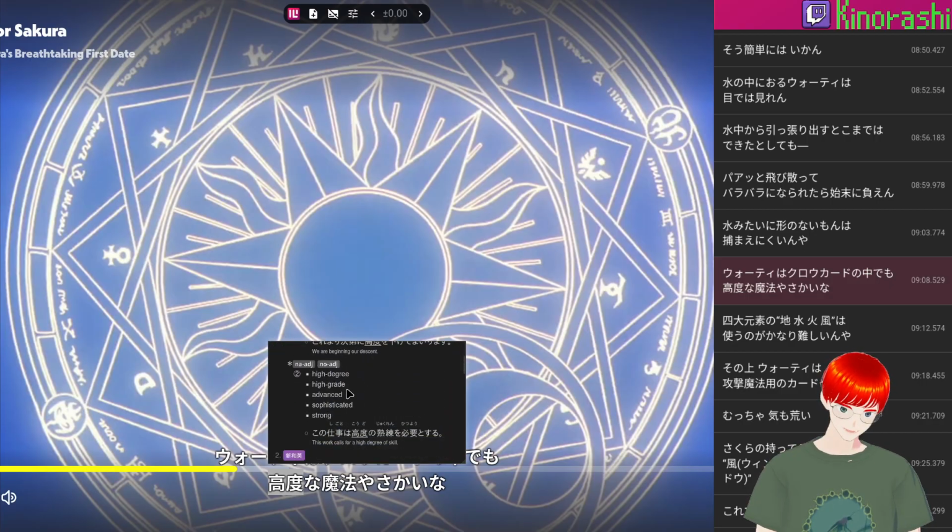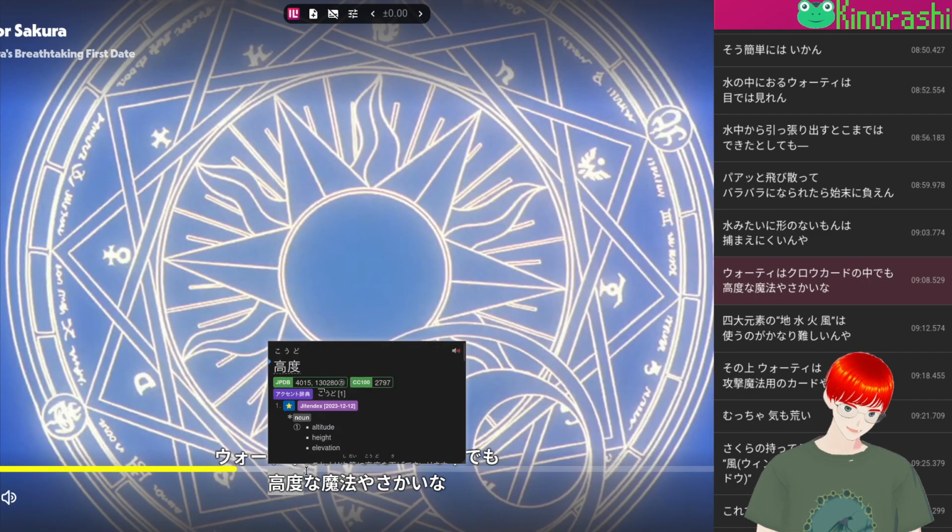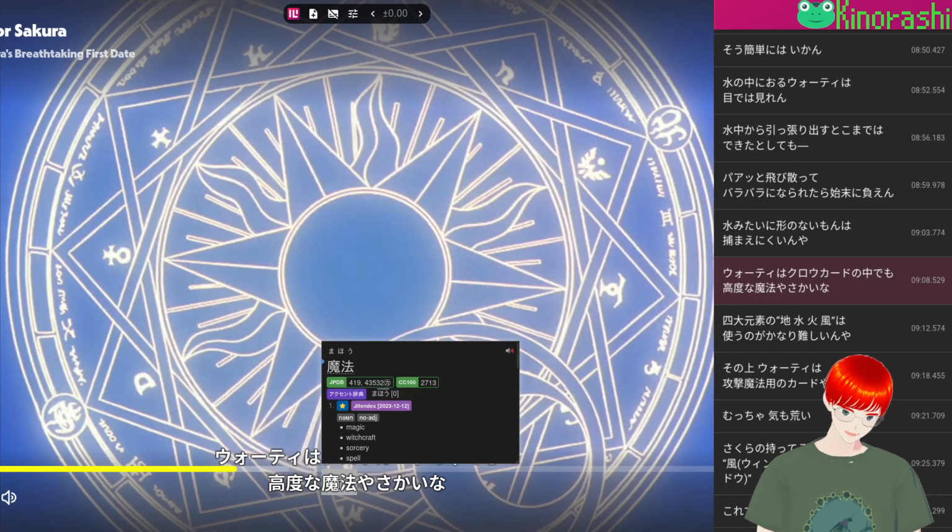Altitude, height, elevation, high degree, high grade, sophisticated, strong. So I'm guessing strong in this case. Kodo na maho.